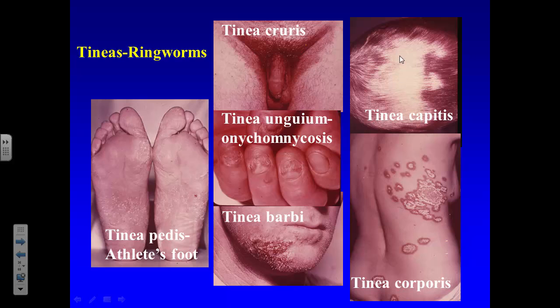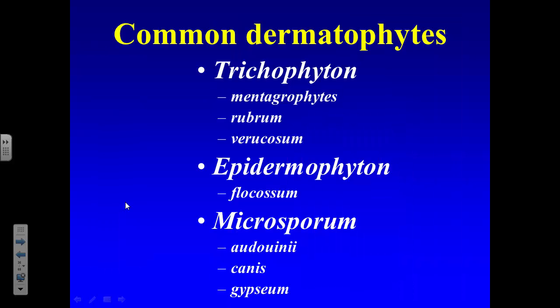So tinea capitis is ringworm of the scalp, tinea corporis, ringworm of the body, tinea pedis or athlete's foot is ringworm of the foot, tinea barbae, beard, tinea unguium of the nails. This is also called onychomycosis. And this is called jock itch. So as I said, if you were to do skin samples of the inflamed area here, or here, or here, and take a KOH, you would see hyphae.